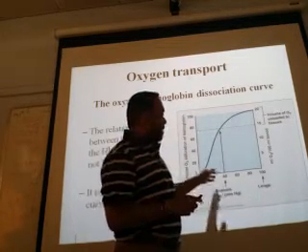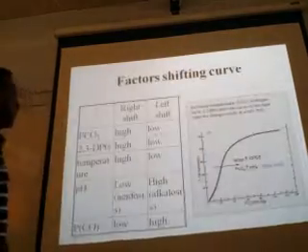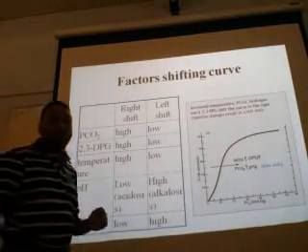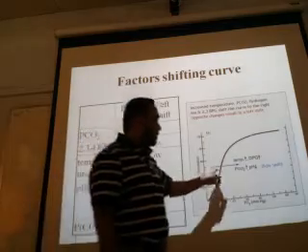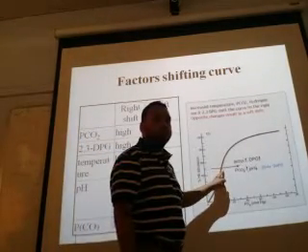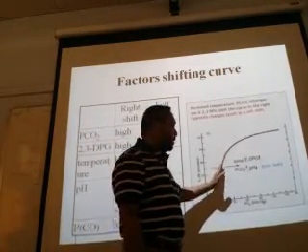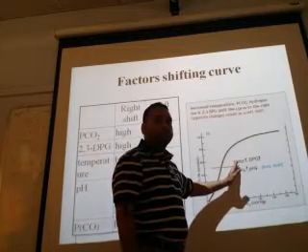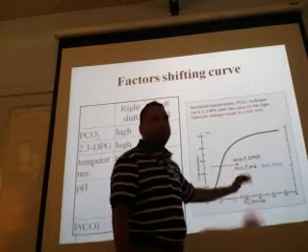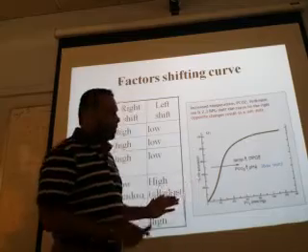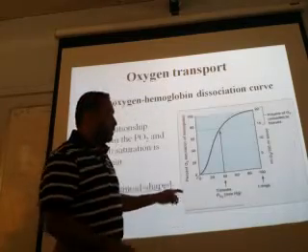Now, there can be factors, like we have seen, which can affect this curve. Factors that shift the curve to the right. Shift the curve to the right means what?